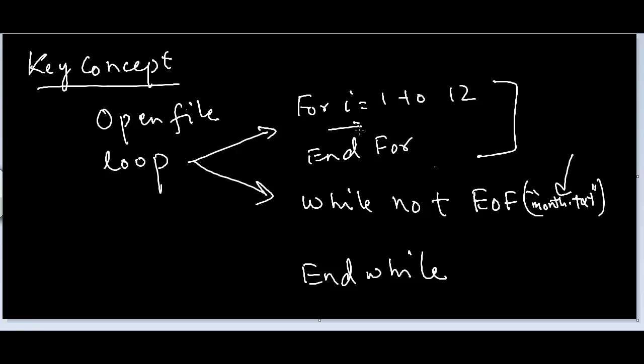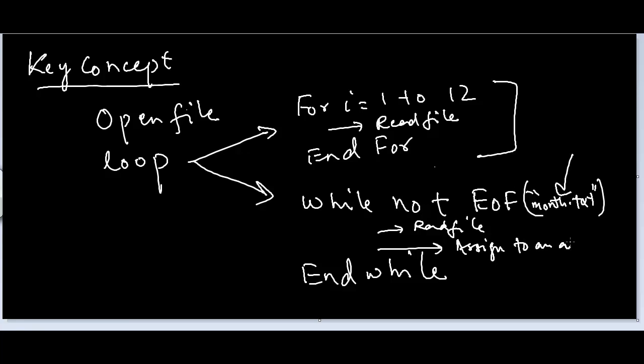Within this loop we are going to use the read file function and assign value to our array, right? Within this loop we can use the read file function to read a line, and then in the next instruction within this loop we can assign the value read to an array.